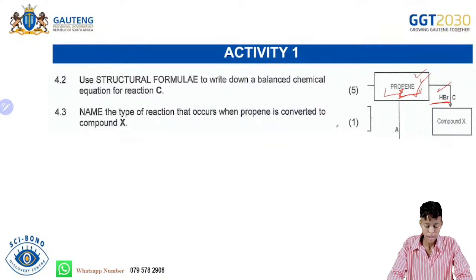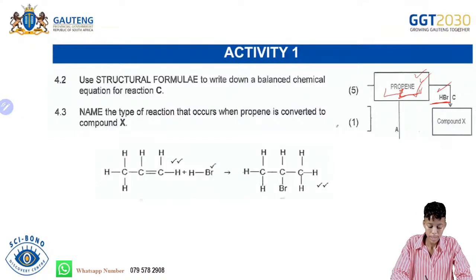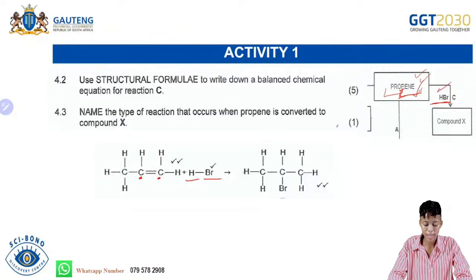Okay? So this would therefore be your structure. But if you have an H and a Br, how do you then decide where to add the hydrogen and where to add the bromine? You are therefore going to be using Markovnikov's rule. And what did Markovnikov say? It said that the carbon with the greater number of hydrogens is the one that will get the hydrogen.